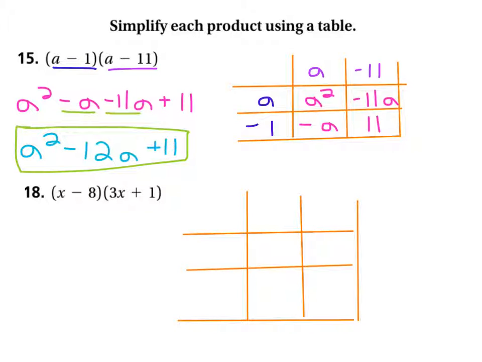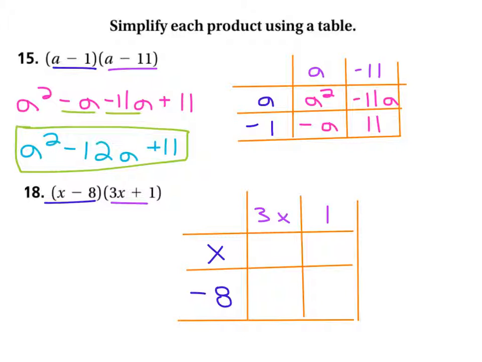Okay. It's not the neatest thing that you've ever seen, but it's fine. And what are we going to put? We're going to put this here. X minus 8 is going to be x and -8. And this 3x plus 1 is going to be 3x and a +1.